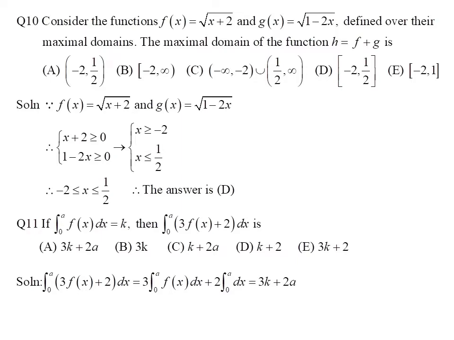According to the properties of anti-differentiation, the integral of (3 f of x plus 2) dx from 0 to a can be written as 3 times the definite integral of f of x with respect to x from 0 to a, plus 2 times the definite integral of dx from 0 to a, which equals 3k plus 2a. Hence, the answer for question 11 is A.